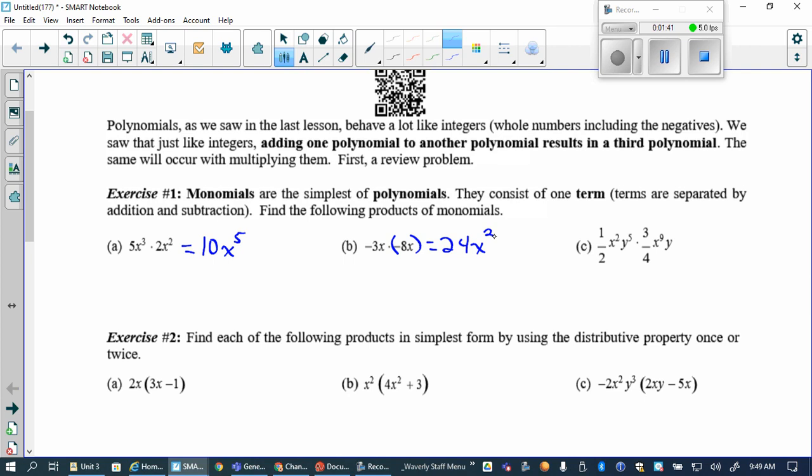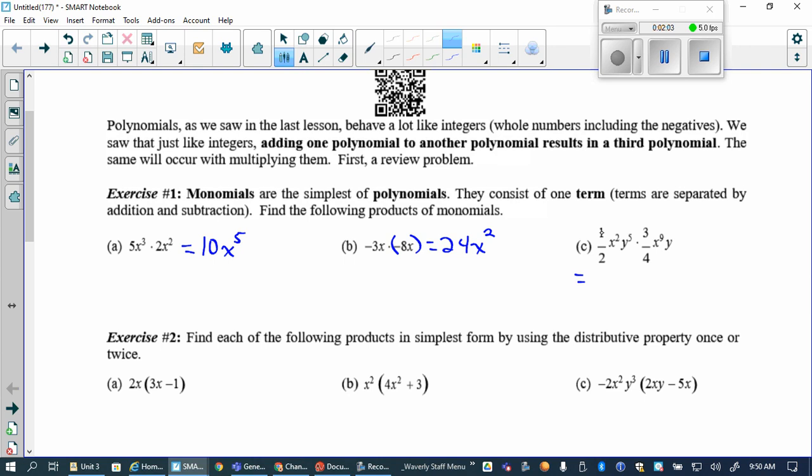How about part C? See, now we got some fractions and we got some x's and y's, right? Well, let's start with the fractions. What's 1/2 times 3/4? You guys know when you multiply fractions, you multiply across the top and then across the bottom, right?